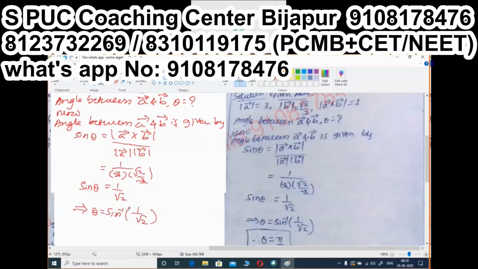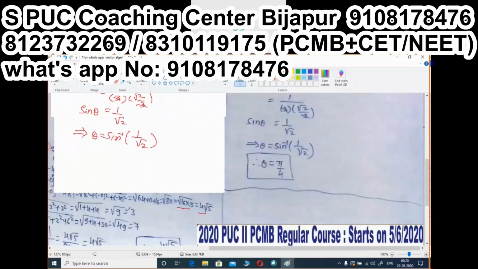For which angle is the sine 1 by root 2? That is pi by 4. Sin inverse of 1 by root 2 is pi by 4, that is 45 degrees. So theta is equal to pi by 4.